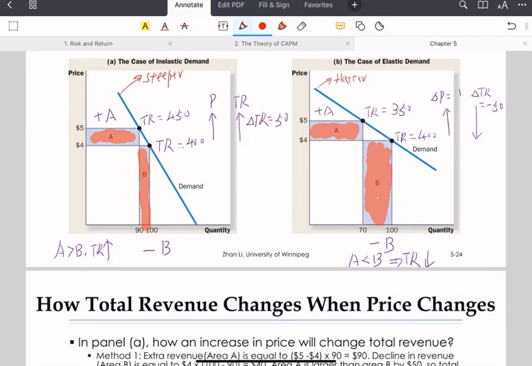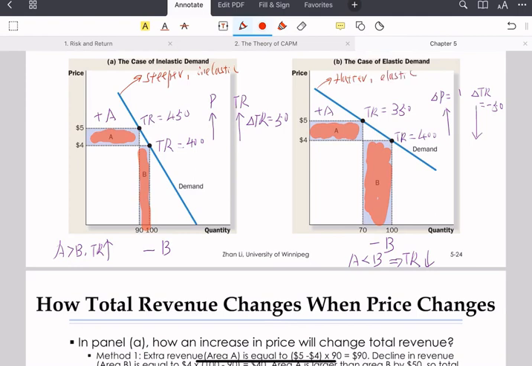If you recall what we have learned in the previous class, we know that if a curve is steeper, then it actually has smaller elasticity, right? So let's call this inelastic. And we know that if a demand curve is flatter, then it has larger elasticity. So let's call this elastic, right?